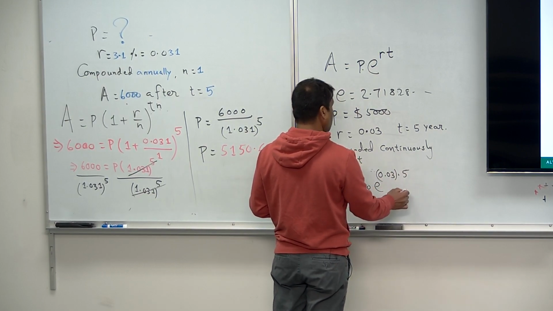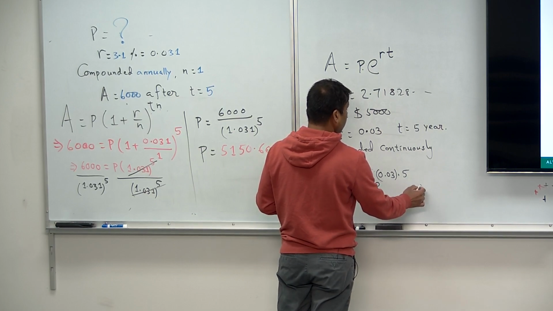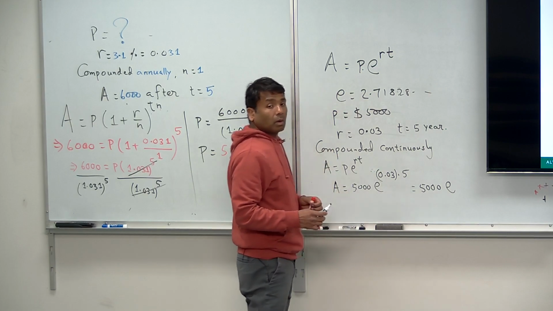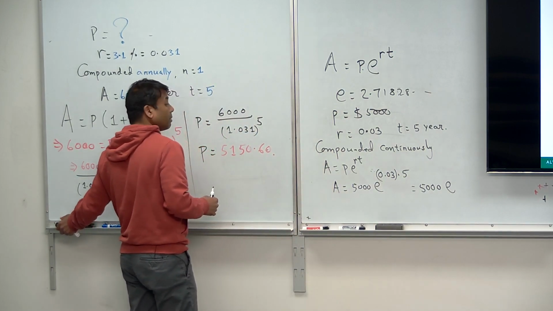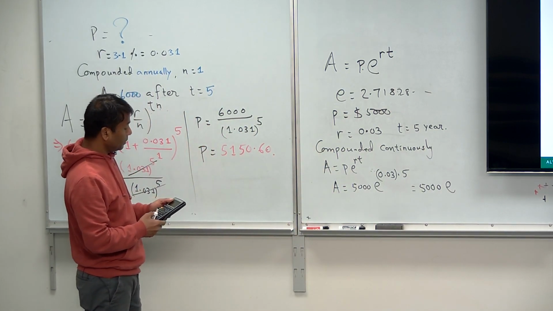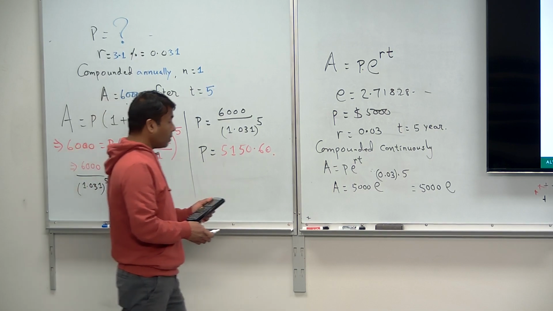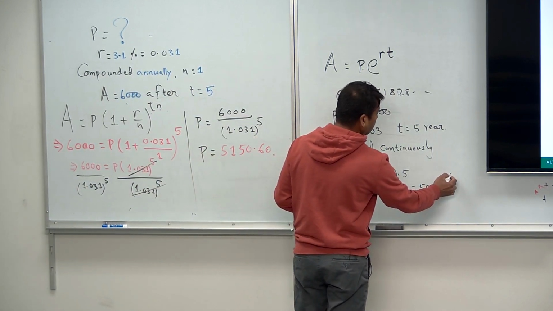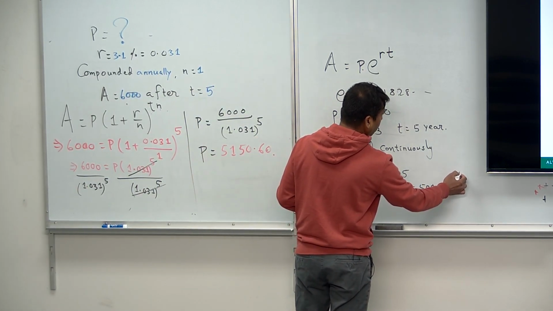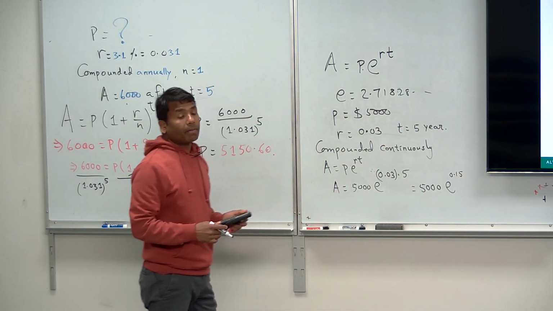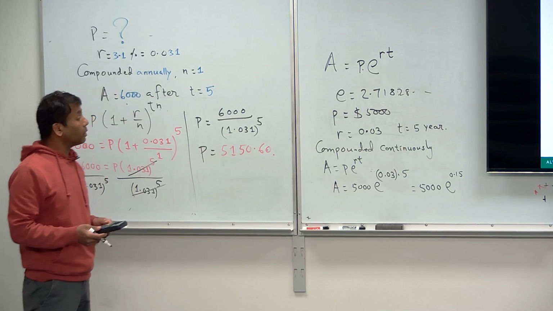So this is 5,000 times e to the power 0.03 times 5, which is 0.15. Can you evaluate 5,000 times e to the power 0.15?